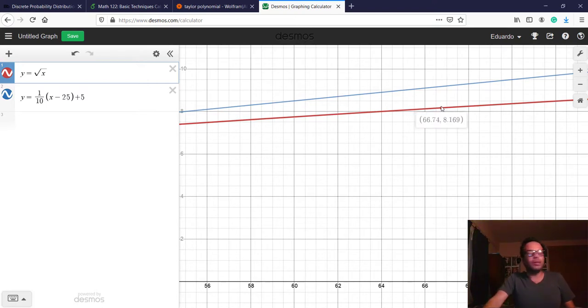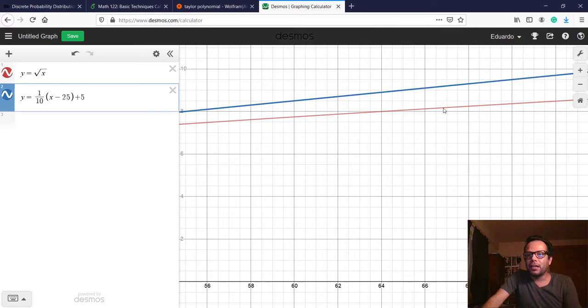The reason why in this case we wouldn't be able to use this linear expression to approximate this is that the tangent line is way off from the original graph of y equals the square root of x, right?